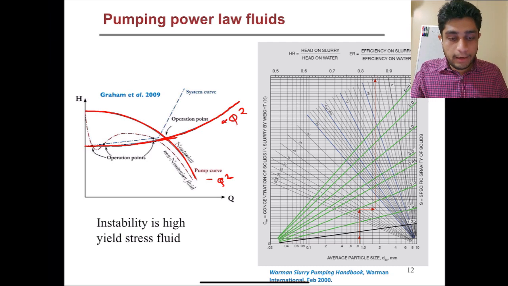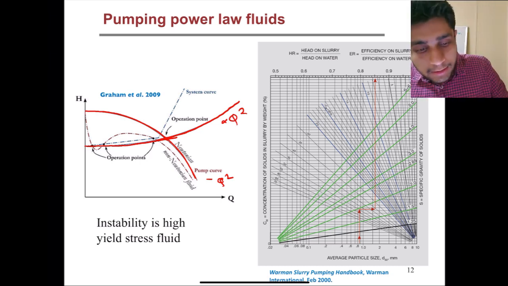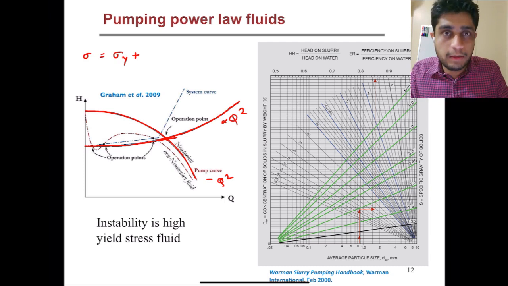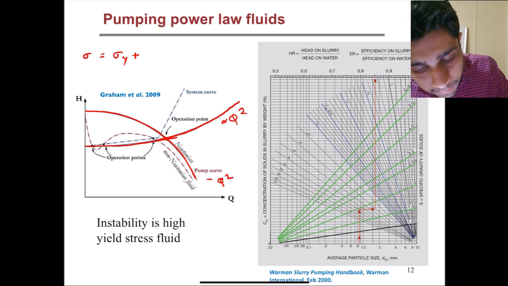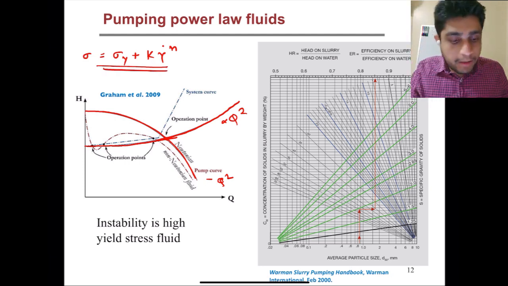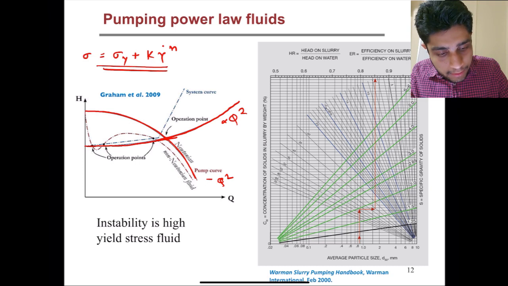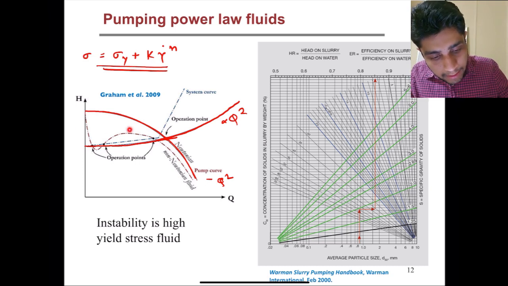But again, if you use the various power law models and do the calculations, or if you use, let's say, this normal model for stress, which is applicable for yield stress fluids as well, then you can actually find out the pump curve, which is again shown here in this dotted red line.